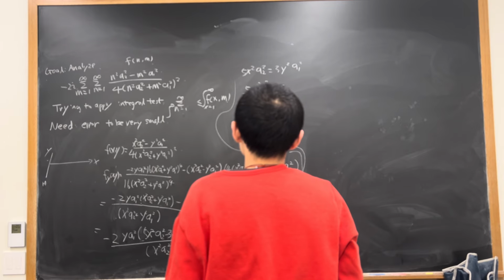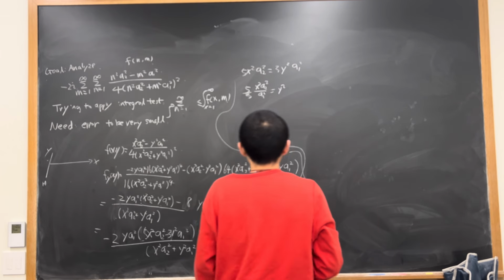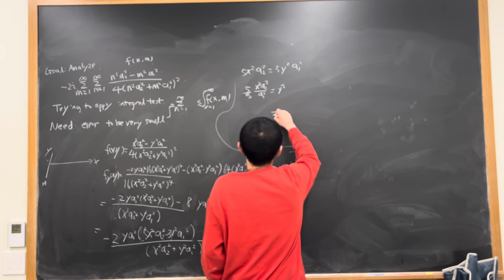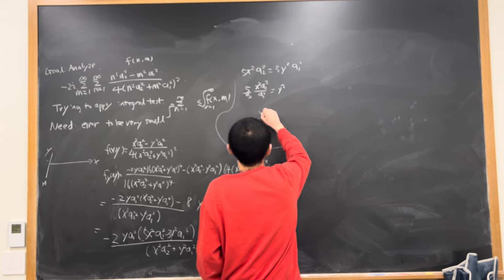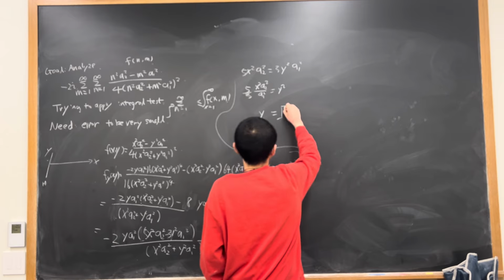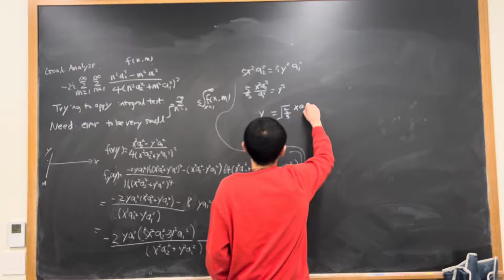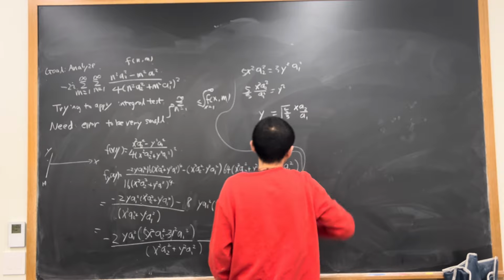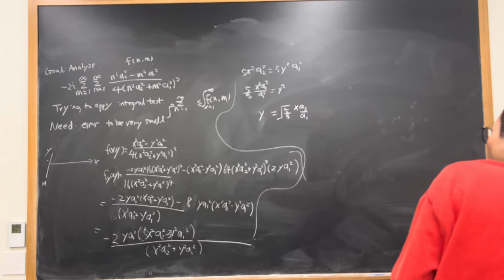Okay, I got a very nice number here. Since y is always positive, right? So you just take the square root of 5 over 3 times x a2 over a1.